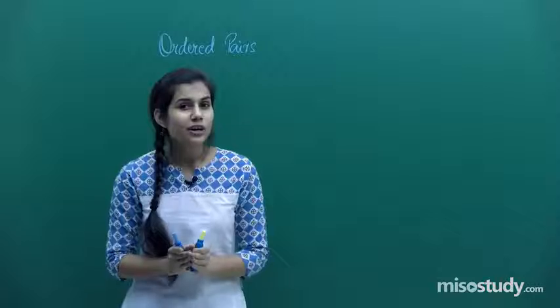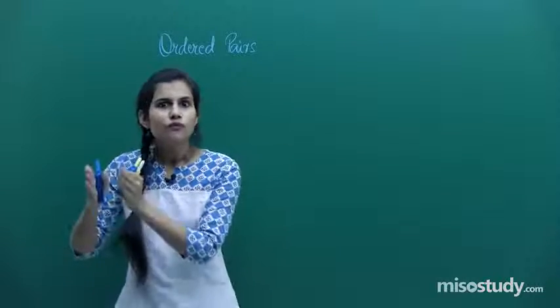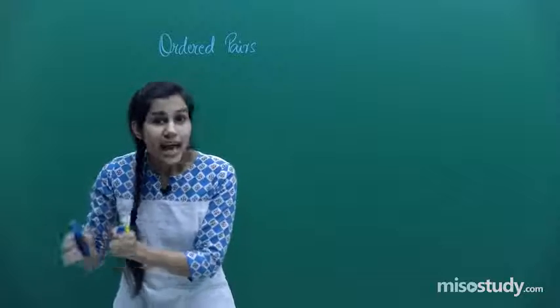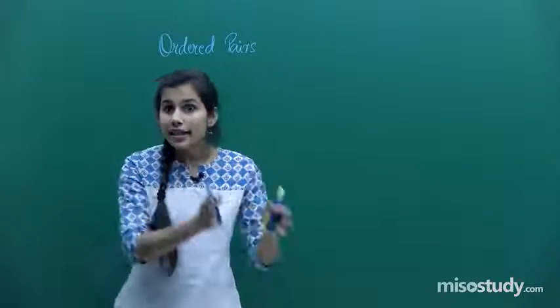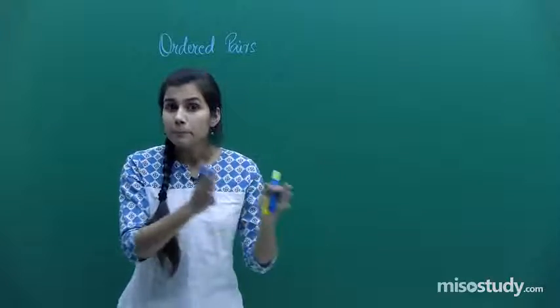If I have an object A and object B, one pair I can make is first placing object A and then placing object B as the second object. On the other hand, I can put object B at the first place and A at the second place. These are the only two ways in which you can make ordered pairs with the two available objects.